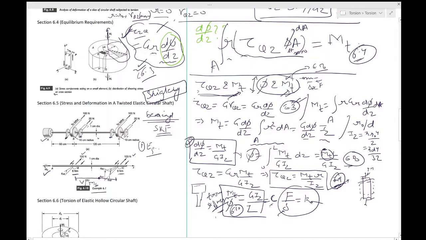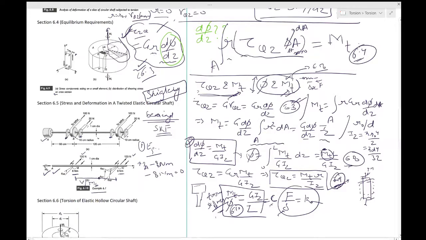Okay, that would be balancing the moments about this point A. So you would have MA minus 8 Newton meter minus 8 Newton meter equal to 0, and then you would also have to have a twisting moment in the sections AB and BC.